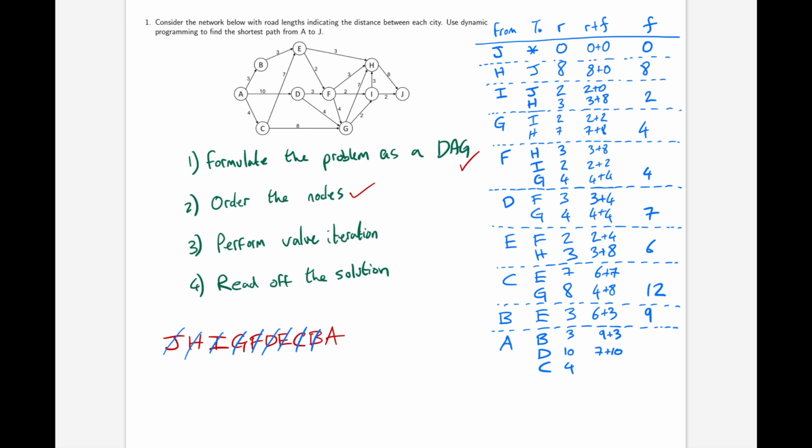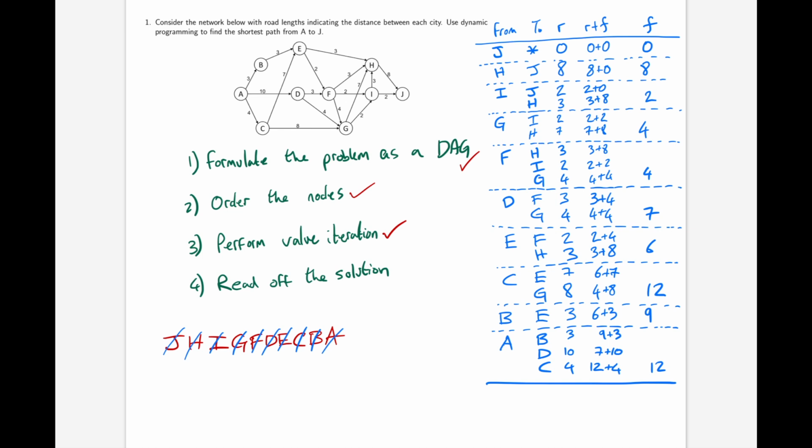And so if AD is on our shortest path from A, the shortest path from A will have length 17. And the shortest path from C to J is 12. So if AC is on our shortest path, then the shortest path from A to J will have length 16. We care about the minimum, the shortest path, so we take the minimum of these, and so A has a value of 12. We have performed value iteration, assigning a value to every node.